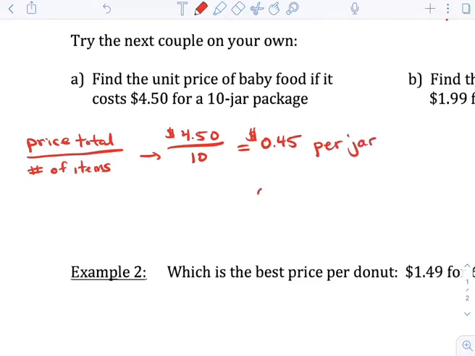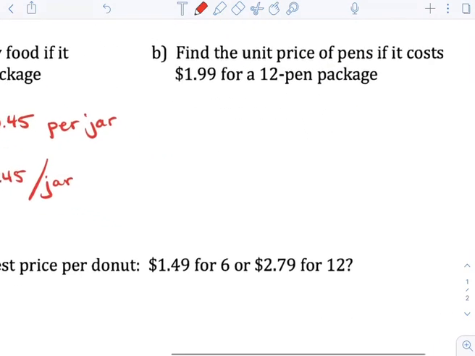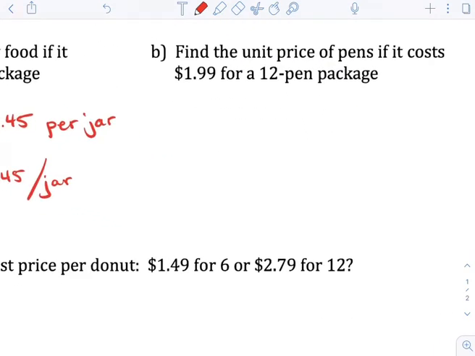Or you might see it in the store written like this. That line in the middle, that slash means per. So 45 cents per jar. Let's keep going along here. Find the unit price of pens if it costs $1.99 for a package of 12 pens.